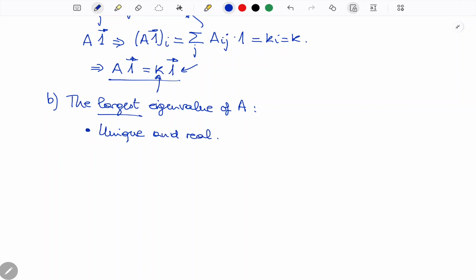In this case, yes, because it is a symmetric matrix. It is unique and real.